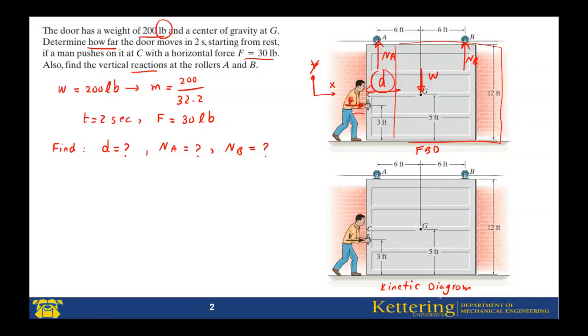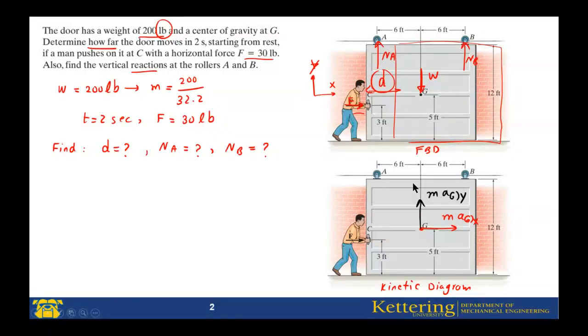Also, I want to draw the kinetic diagram. How? On the center of mass, I will draw this inertia force, m a_Gx, and one m a_Gy. These are two inertia forces along the x and y directions.